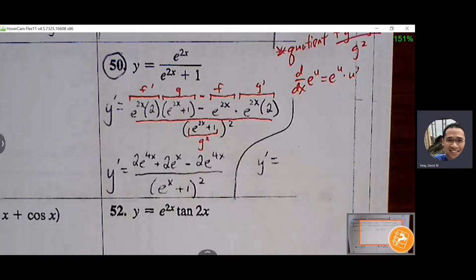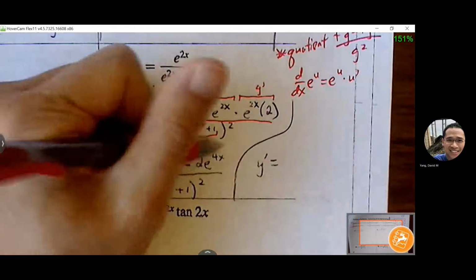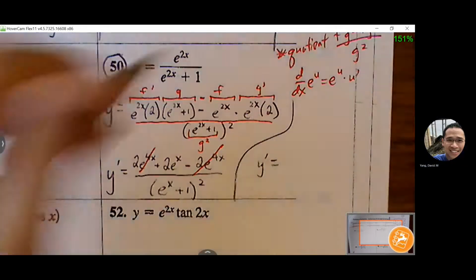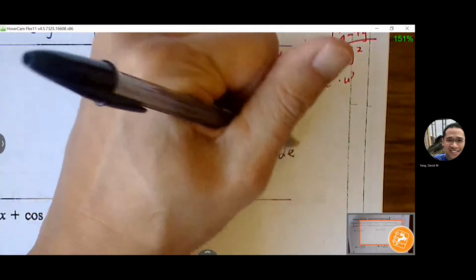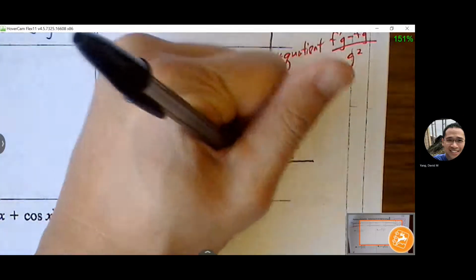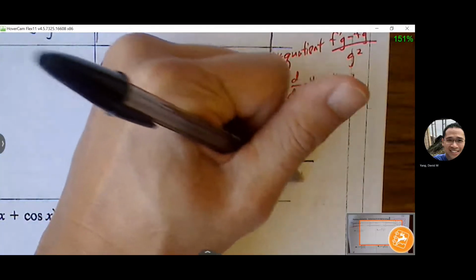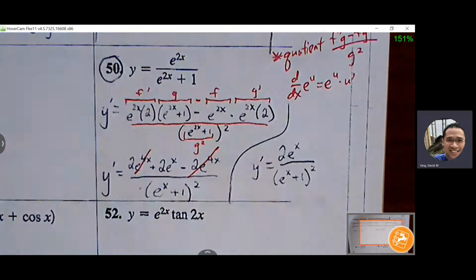Combine like terms. There's our derivative here.